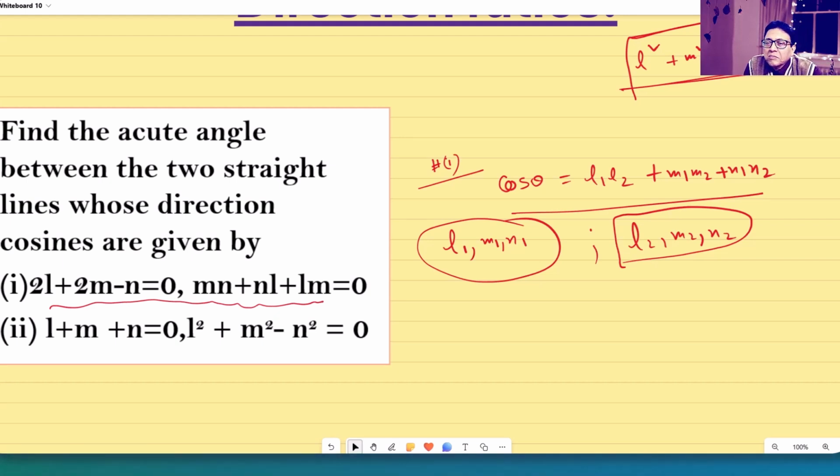So you can get two values of L by M by N if you have a quadratic equation.